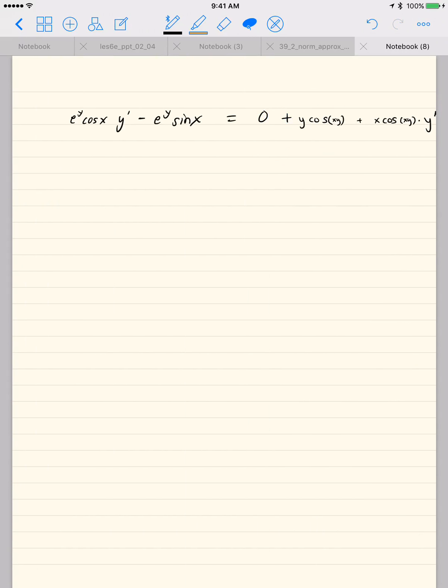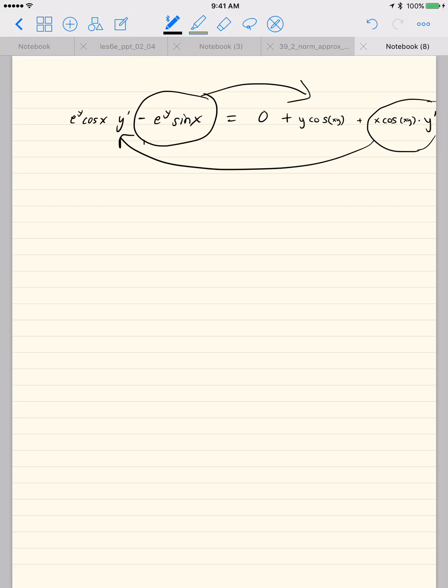Okay, good. So now our goal is to solve for y prime, right? So I'm going to essentially move this over here and move this over here so that I can have all of my y primes on one side.